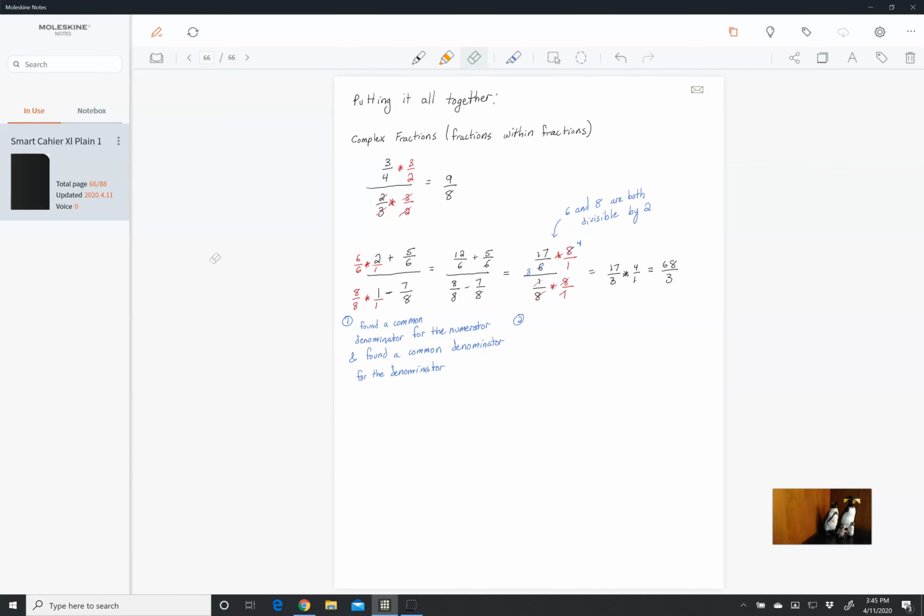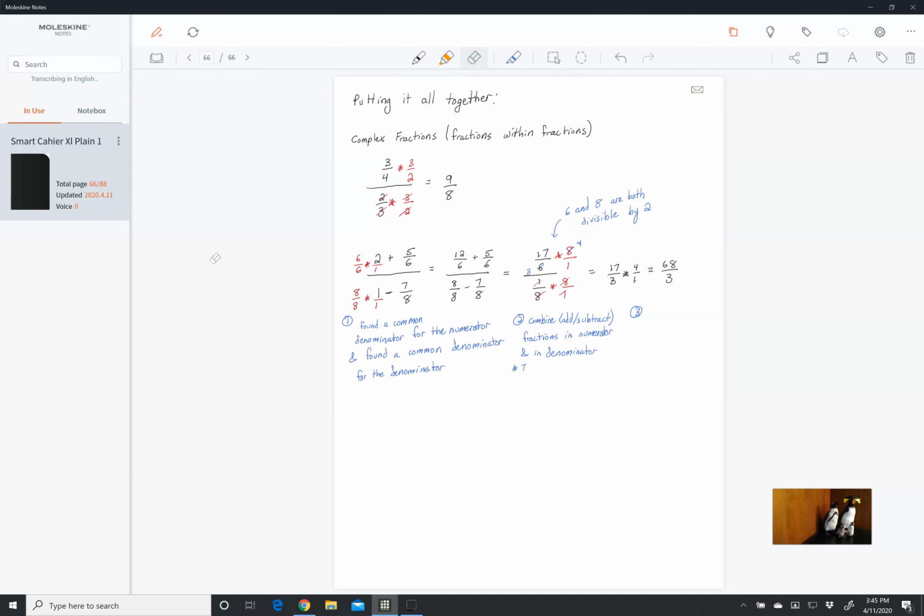Our second step was to combine fractions in the numerator. Combine meaning add or subtract. And in the denominator. And then now we have one fraction in the numerator and one fraction in the denominator. So this is important here.